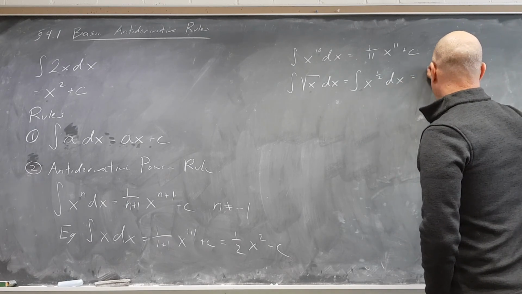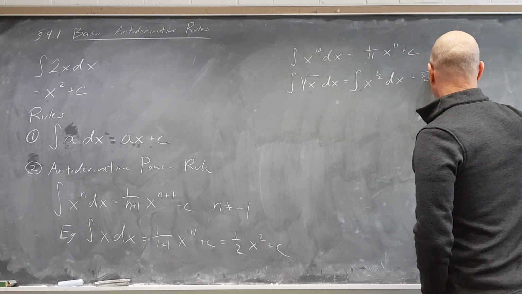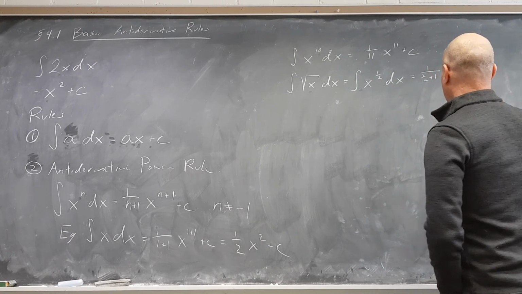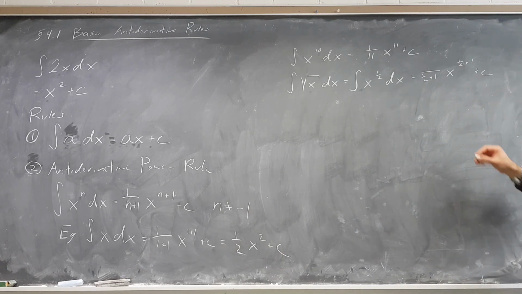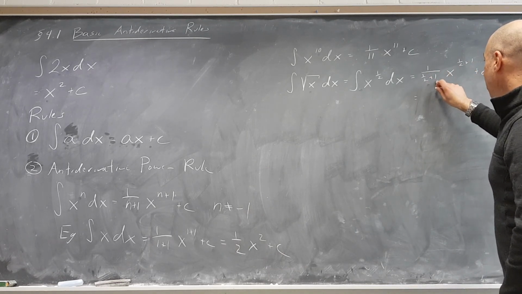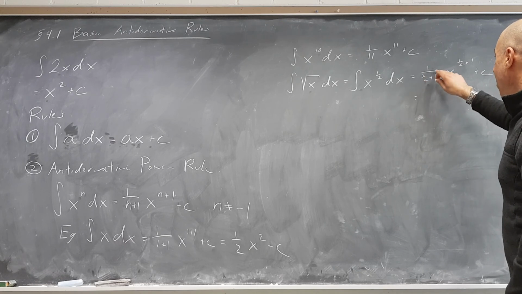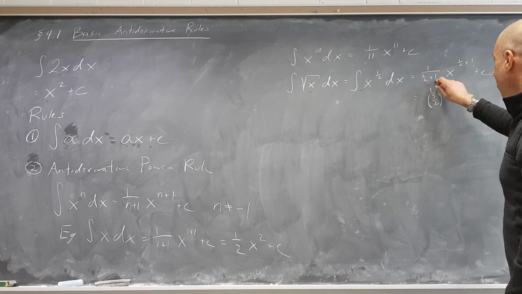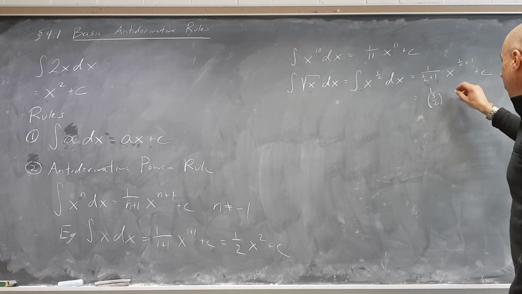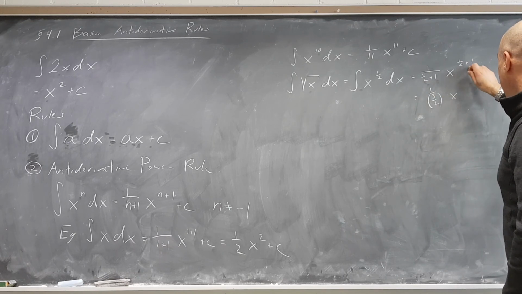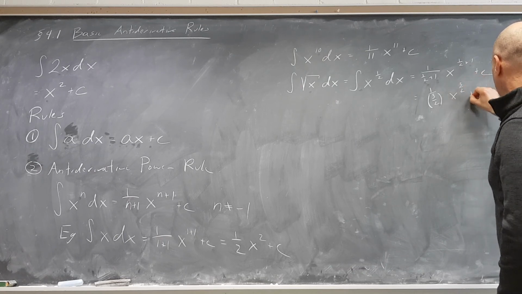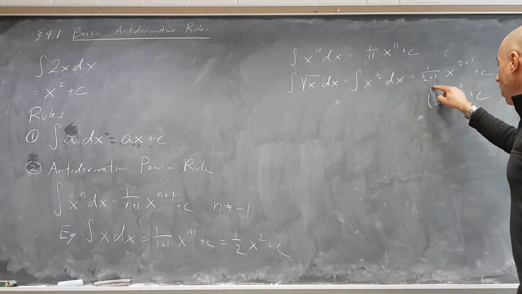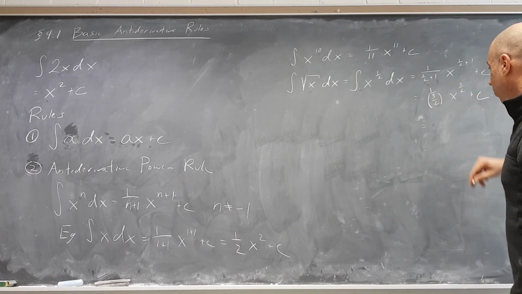So we're going to have 1 over 1/2 plus 1 x to the 1/2 plus 1 plus a constant. Let's simplify that a little bit. 1 over 1/2 plus 1, that's 1 over 1/2 plus 2/2, 1 over 3/2. x to the 1/2 plus 2/2 is 3/2 plus a constant, and we can simplify that even a little bit more. 1 over 3/2, we just flip the bottom.